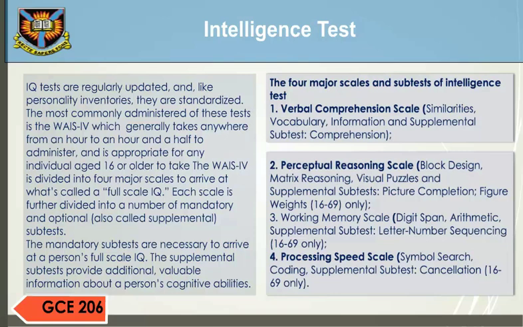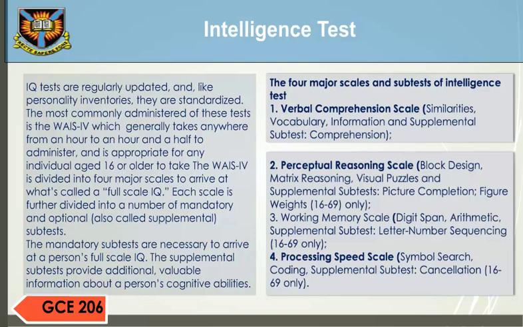1. Verbal comprehension scale. Similarities, vocabulary, information, and supplemental subtest, comprehension. 2. Perceptual reasoning scale. Block design, matrix reasoning, visual puzzles, and supplemental subtests, picture completion, figure weights, 16 to 69 only. 3.